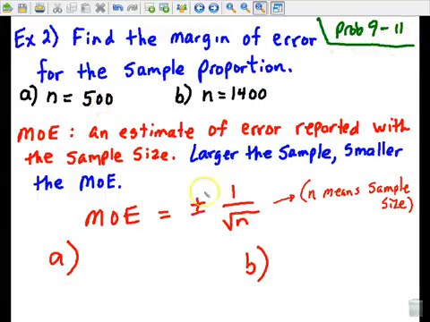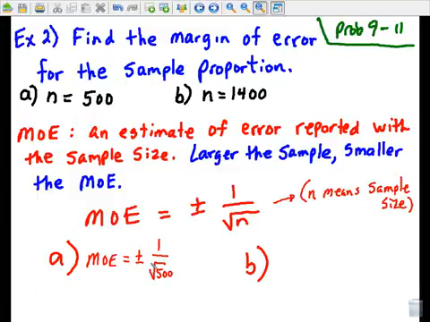On problems 9 through 11, you're going to do basically this. Let's take letter A, for example. If I have a sample size of 500 people, then my margin of error will be calculated by doing plus minus 1 over the square root of 500. Let's grab your calculator and do that. 1 divided by, and in the denominator, the square root of 500.